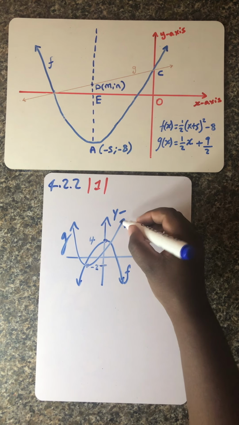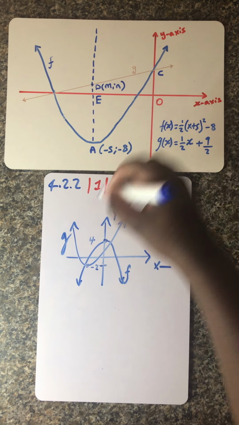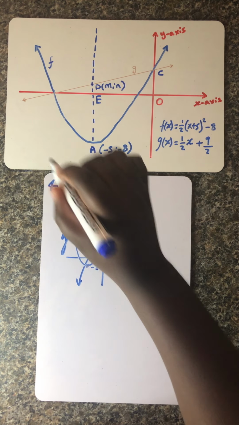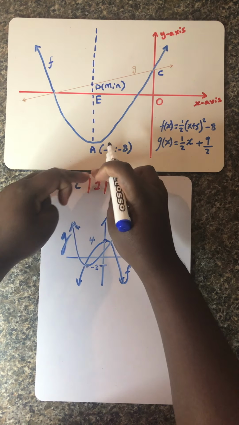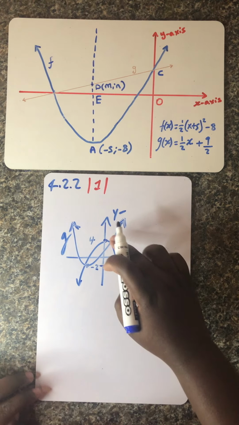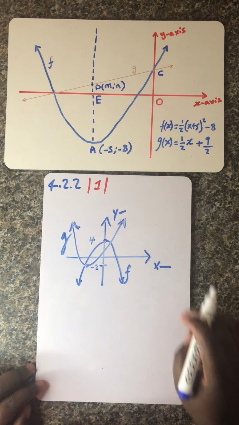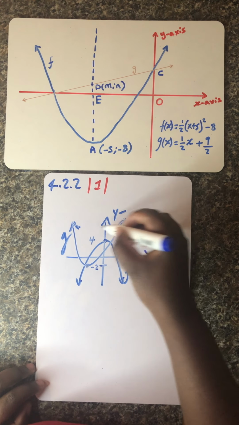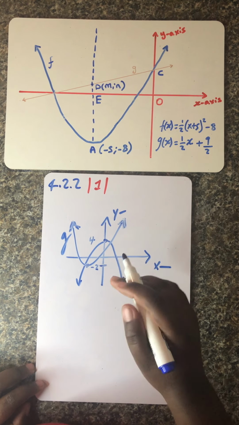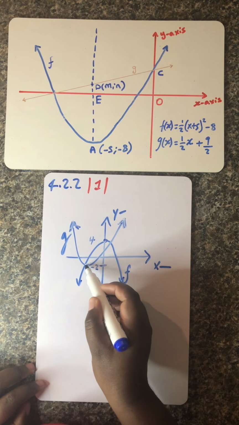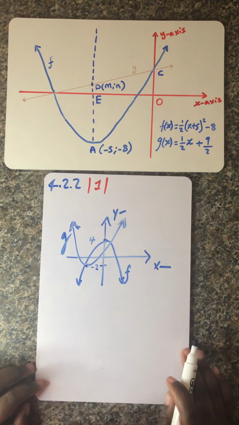Because of these arrows, it means it continues going up, because a page can only be that size. We don't have to show it heading towards the end of the page. We can just indicate by means of arrows there. Then we know that this graph just turns there and then goes up to infinity.